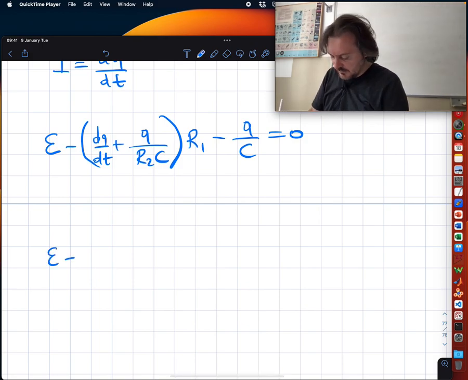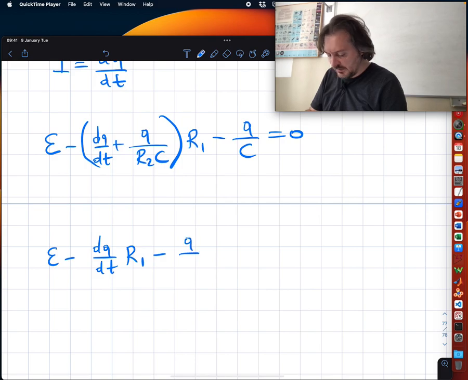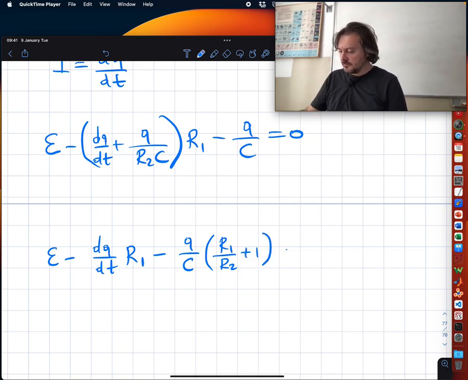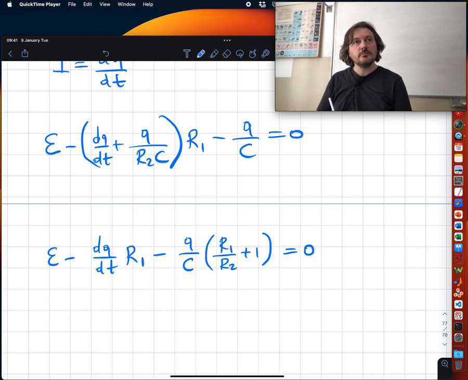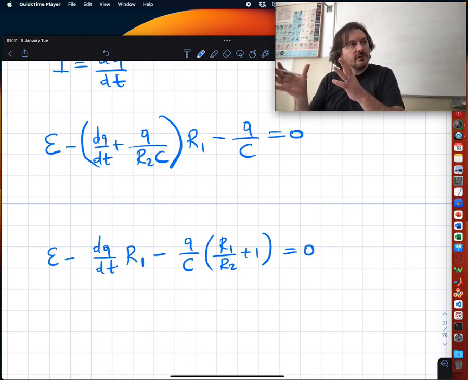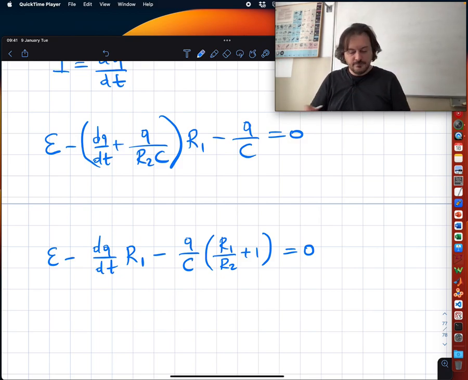E minus dq over dt R1 minus q over C times R1 over R2 plus 1. Do you agree with this? I collected q's together, dq over dt's together. If you have any questions, just let me know.